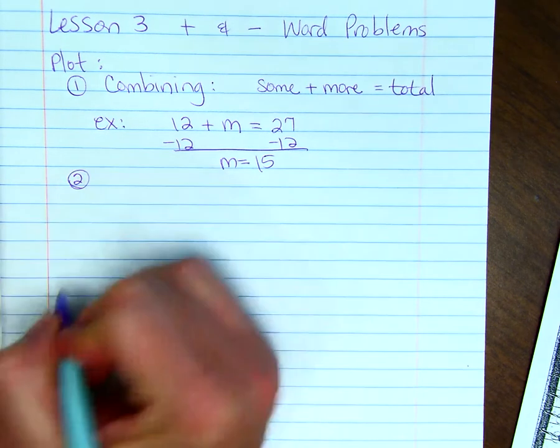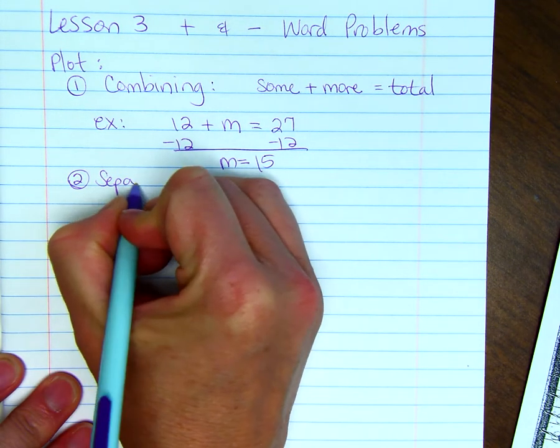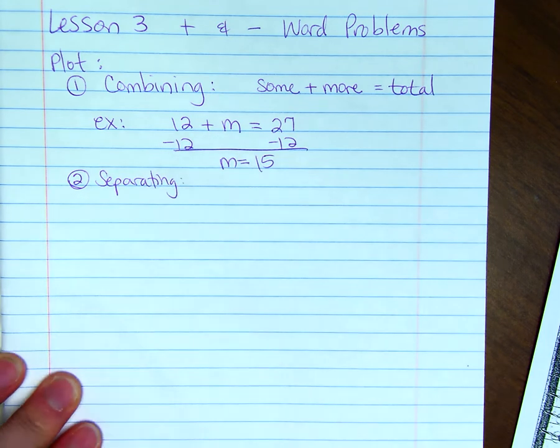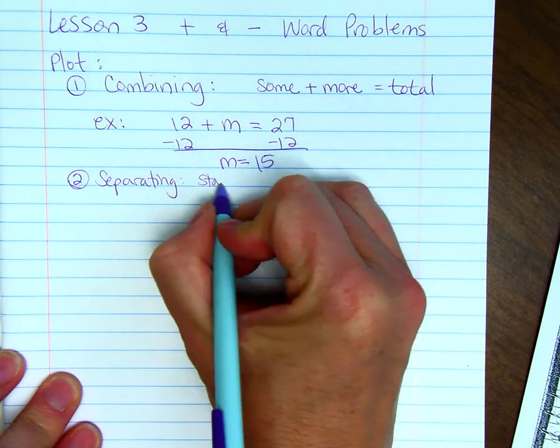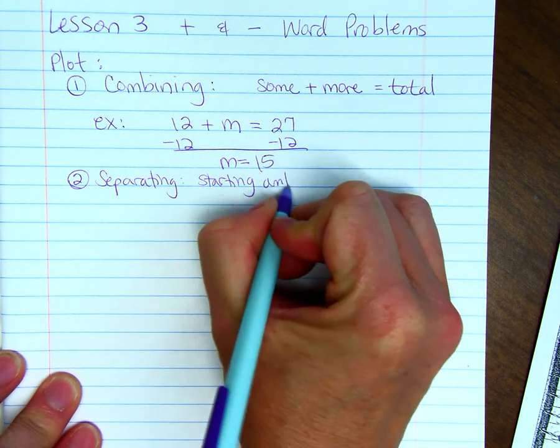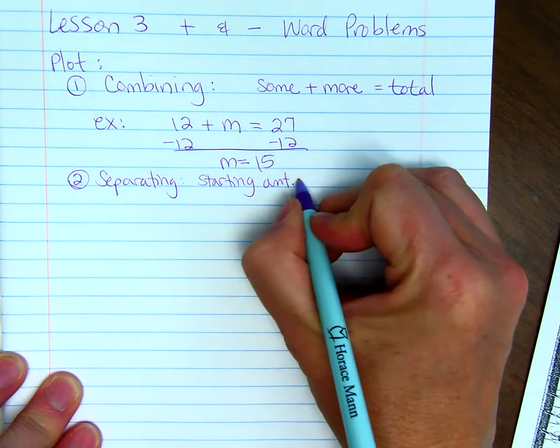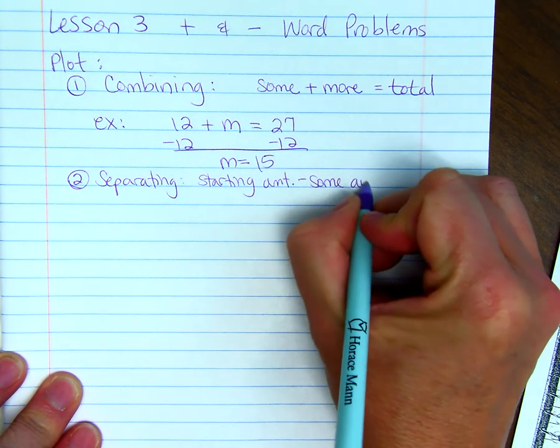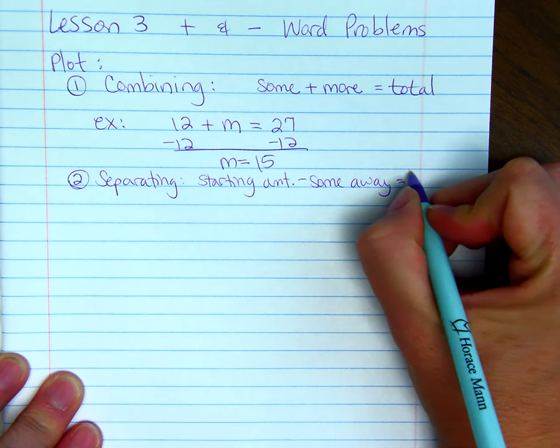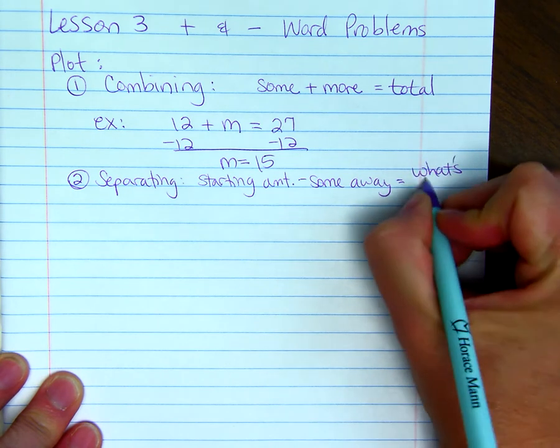The second type of plot is separating. And that's where you have a starting amount. Some went away, or some goes away, and you're equal with what's left.